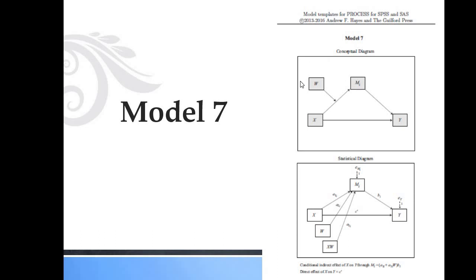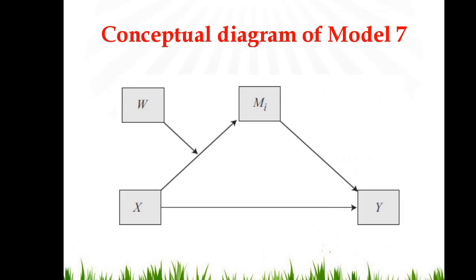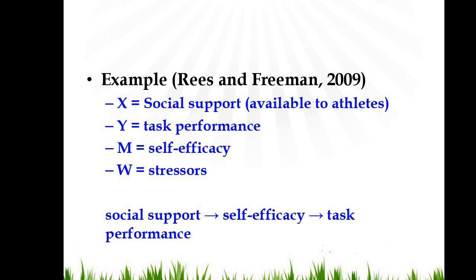So a very simple model, this one, which was model A in the Hayes book, has the code 7, meaning model 7 is being used here. So we will try to understand this model and run it in PROCESS. Okay, this is the model. We can call it the conceptual model.